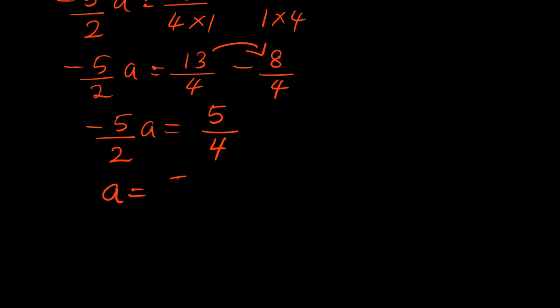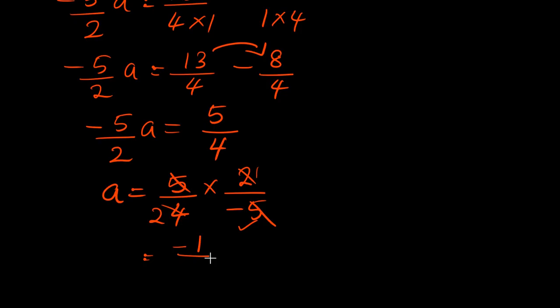A is equal to 5 over 4 times the reciprocal of the coefficient here, so 2 over negative 5. Then we can cancel this 5, and 2 times 2 is 4. So the answer is, you can see a negative sign here, so the final answer is a is equal to negative 1 over 2.